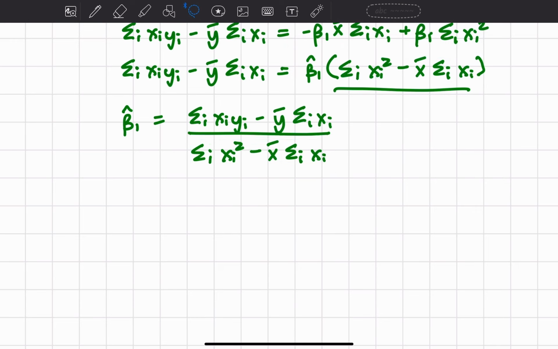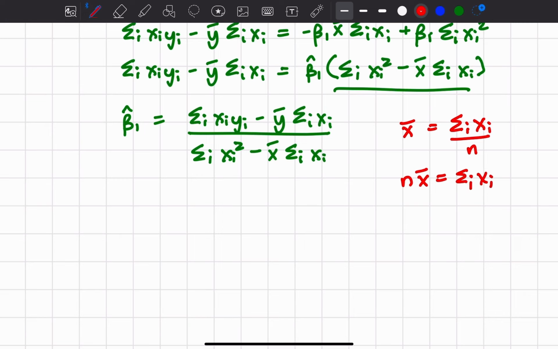And it's looking really good right now, but I think we can simplify a little bit more. So this is something that we did in the previous video: we said x bar or y bar is you add up the x's or the y's, and then you divide it by n. And so it's true that if we multiply both sides of this by n, n times x bar is sum over i of xi.